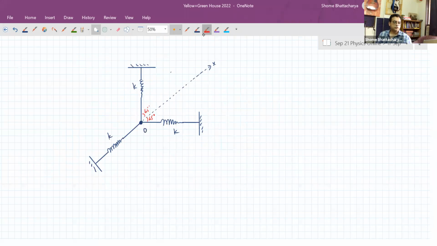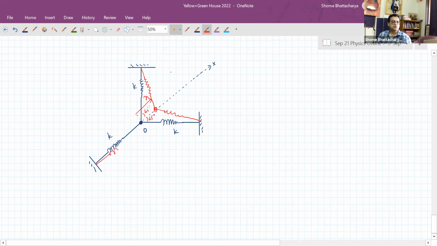So, from here, if we displace the block like this, you can see that these two springs, so if we displace this by x, let's say, this particular spring will become extended by x, but these two springs will be compressed by a different amount in general. And this angle would also now be different.